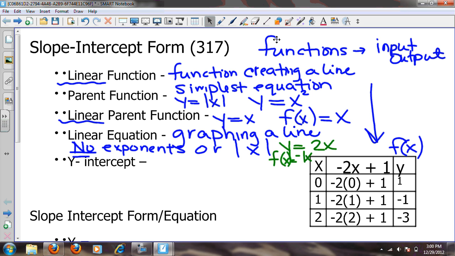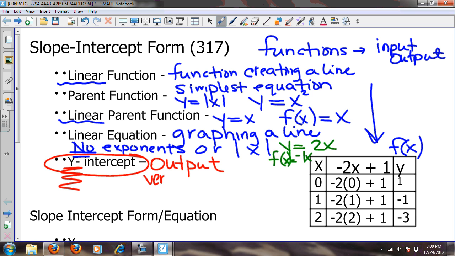Lastly, we want to look at the y-intercept. Y-intercept, we have y. What does that relate to? It relates to the output. Output also relates to the vertical change, or the y-coordinate.